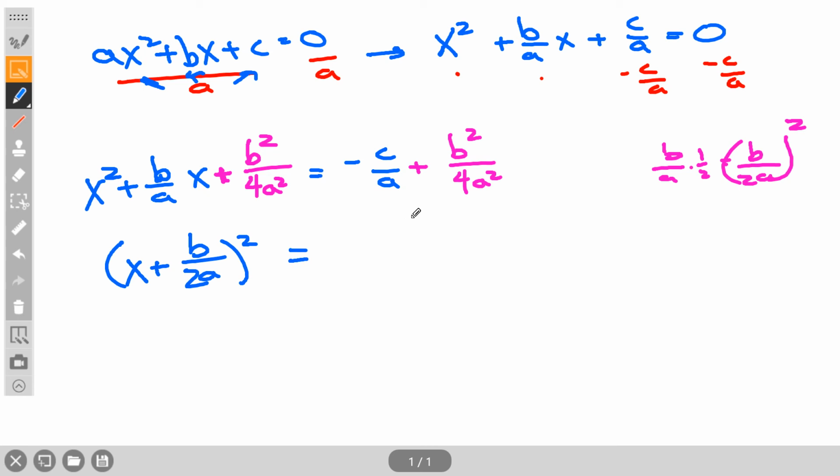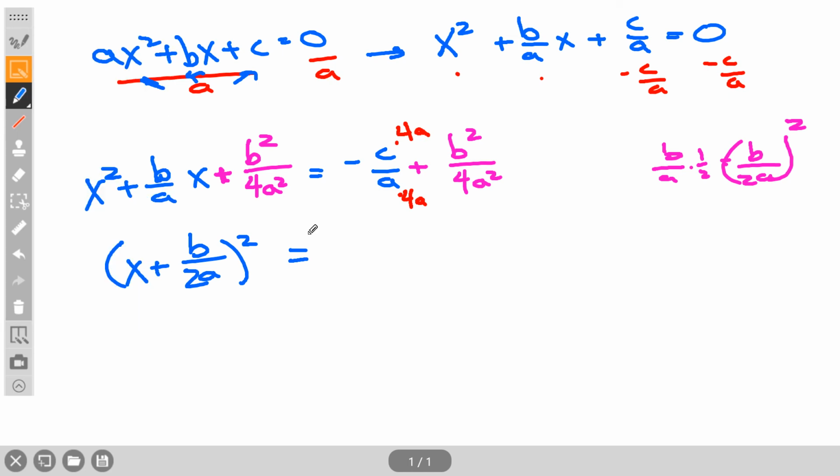Now on this other side, I do want to combine these into one term, which means I need a common denominator. And the common denominator here would have to be 4a squared. So for the negative c over a, to make sure that the denominator becomes 4a squared, I would have to multiply the denominator by 4a, because 4a times a is 4a squared, which means I also have to multiply the numerator by 4a.